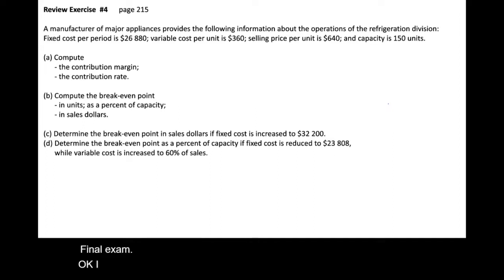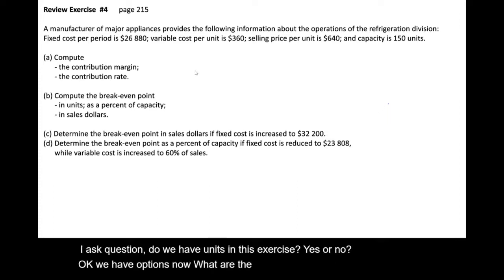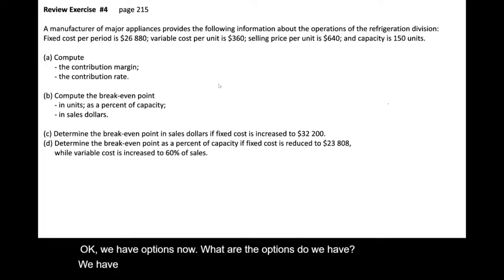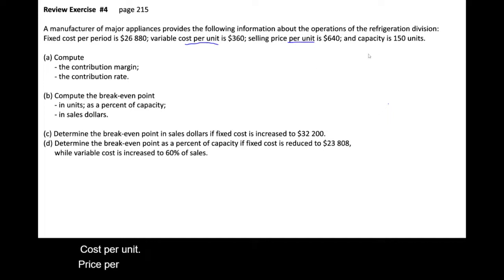Okay, I asked a question. Do we have units in this exercise, yes or no? Okay, we have options no. What other options do we have? We have options yes. Okay, let's read it. Cost per unit, price per unit, capacity 150 units. So do we have units or no?